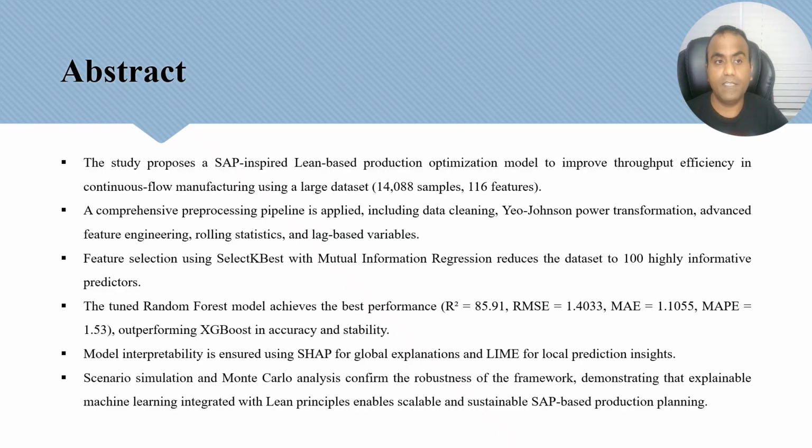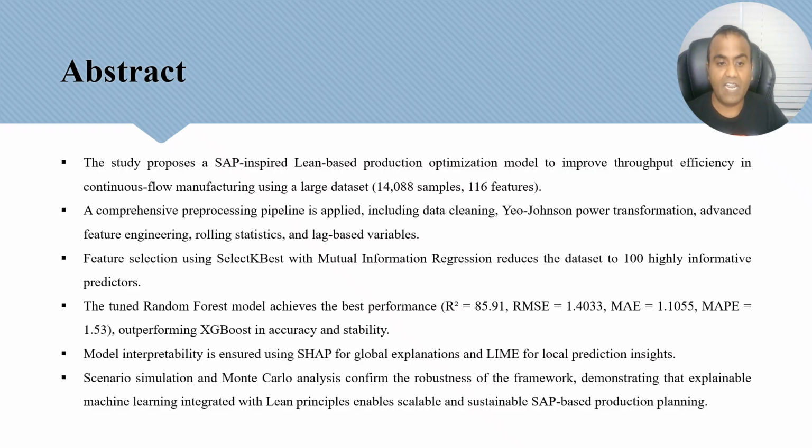So basically, about the abstract, I would say this study is for a SAP-inspired, lean-based production planning and optimization model to improve the throughput efficiency in continuous flow manufacturing using large data sets. A comprehensive pre-processing pipeline is applied, including data cleaning, Yeo-Johnson power transformation, advanced feature engineering, and rolling statistics and lag-based variables.